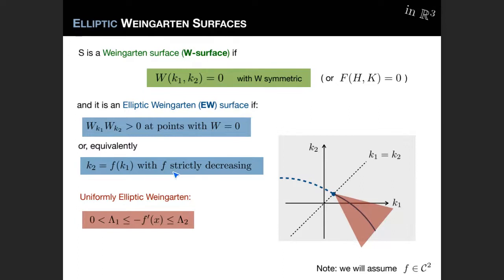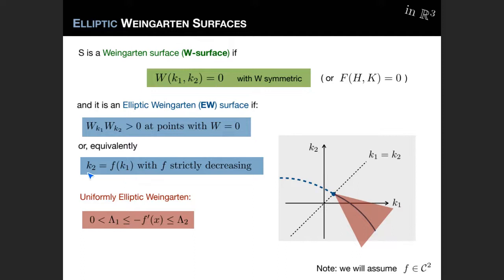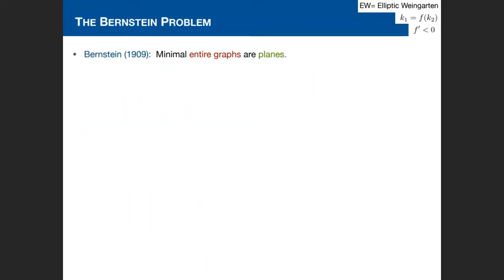But when the slope of f is bounded between two negative constants, we say that the surface is not only elliptic, but uniformly elliptic. So if we look at the curvature diagram, the curve where the values of the principal curvatures lie, then this curvature diagram is contained in some wedge, okay?